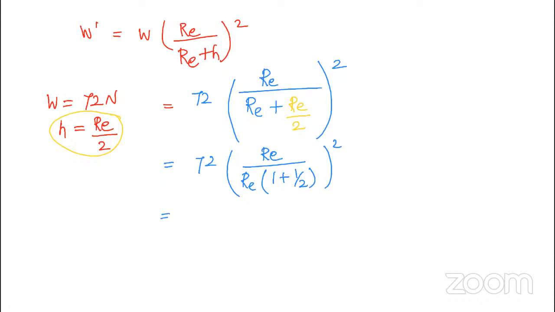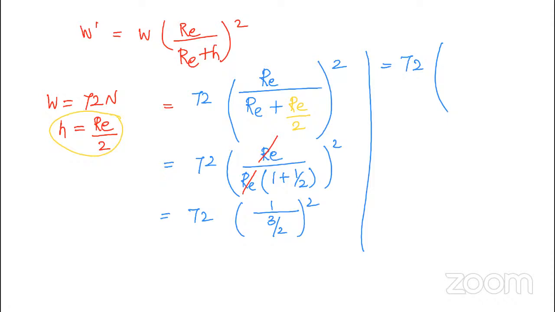Then for the next step RE is cancelled. 72 into 1 by... here 1 plus half is 1 and a half, that is 3 by 2. So it is 3 by 2 the whole square. Now here it is 72 into 1 by 9 by 4.